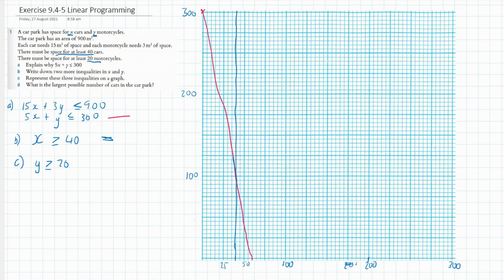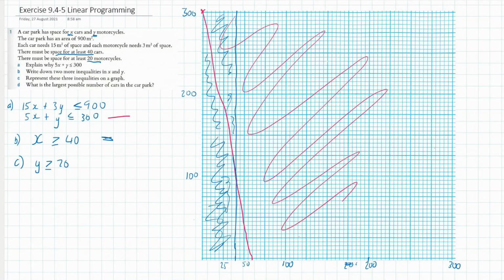And we want greater than, so that means we're shading off anything that's less than. So shading off this here. And I should shade off the pink, we're shading off everything over here. So obviously you could do this a lot neater than that.